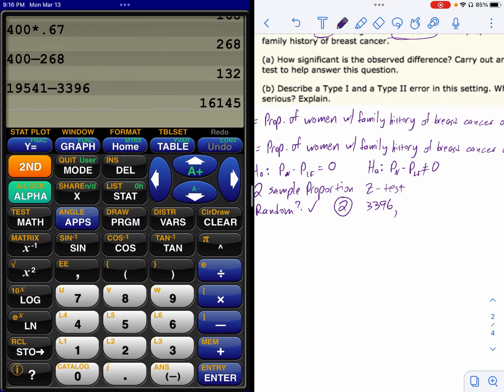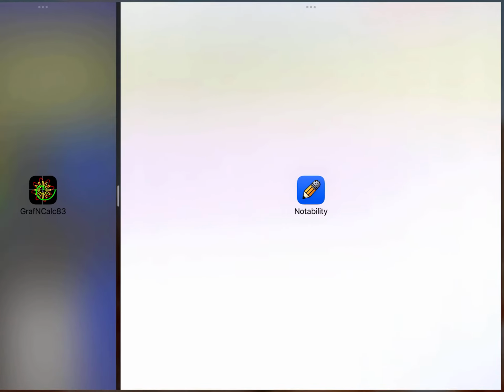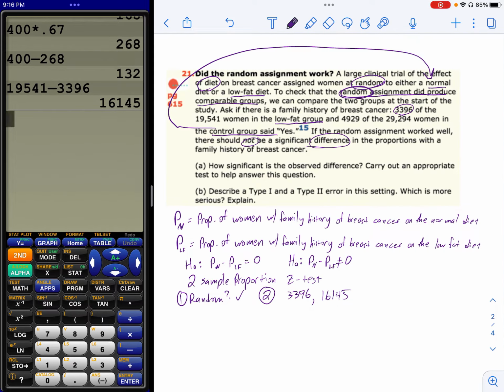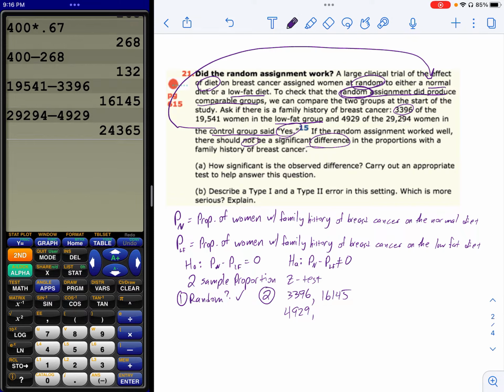So you get 16,145. Similarly, with the other group, with the low-fat diet, we had 4,929 that said yes, successes, so to speak. 29,294 minus that number, 4,929, is the number of women that said no. Okay, all of these numbers are far greater than 10. So we're good, so it's approximately normal.